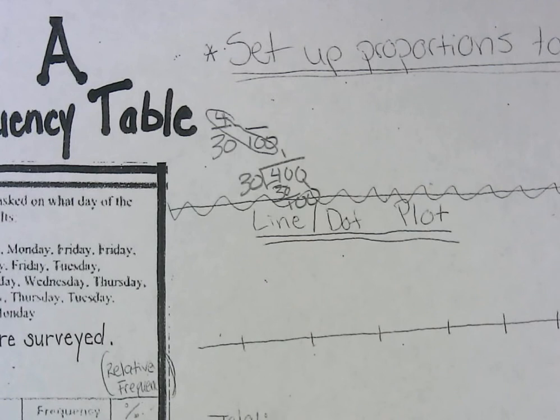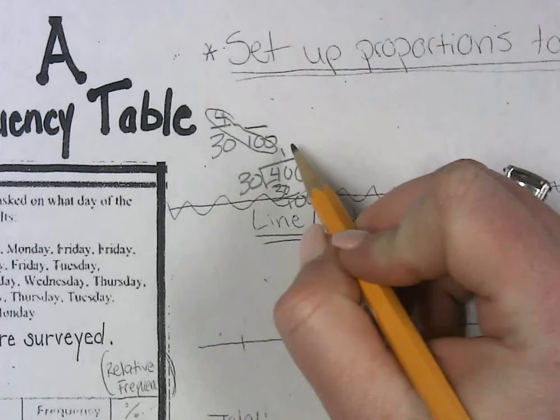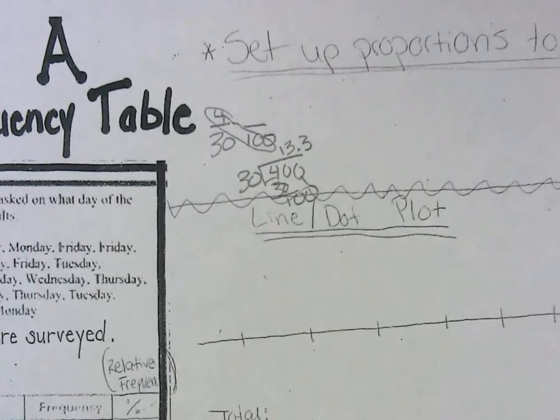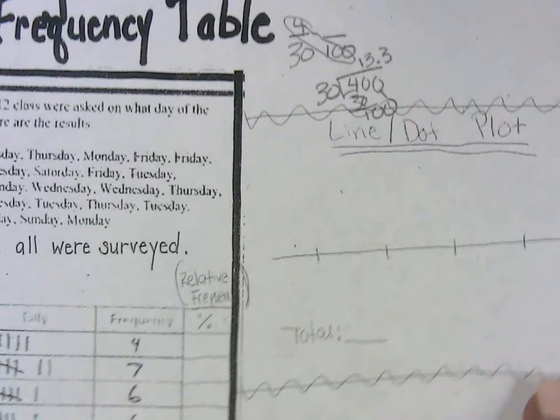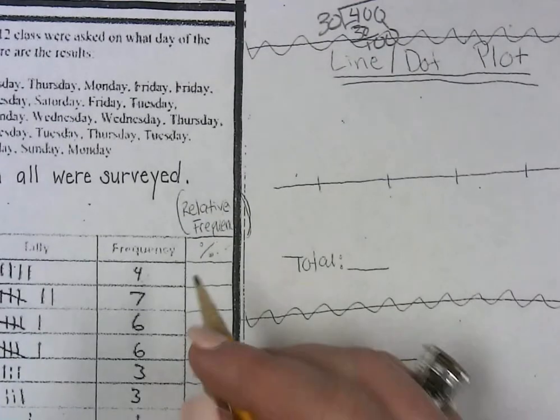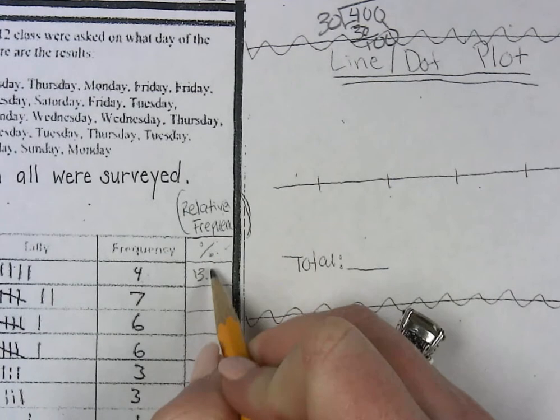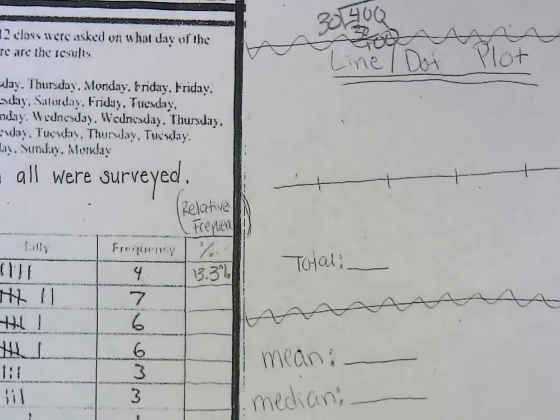So you should notice that I think that's going to start repeating. So we're just going to round it off and say it's 13.3. So go back to our table, and in our percent column, our relative frequency column, we're going to put 13.3% of the people said they were born on Monday.